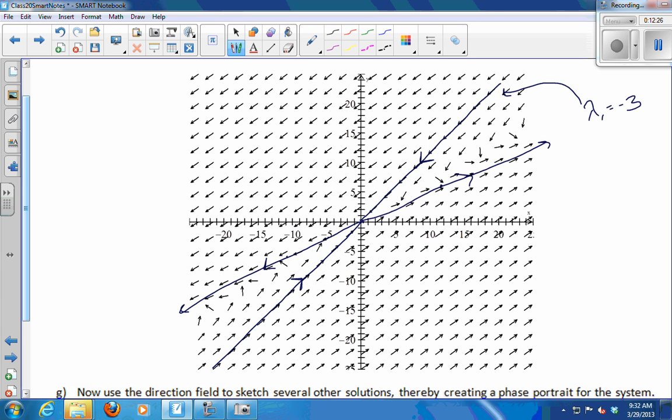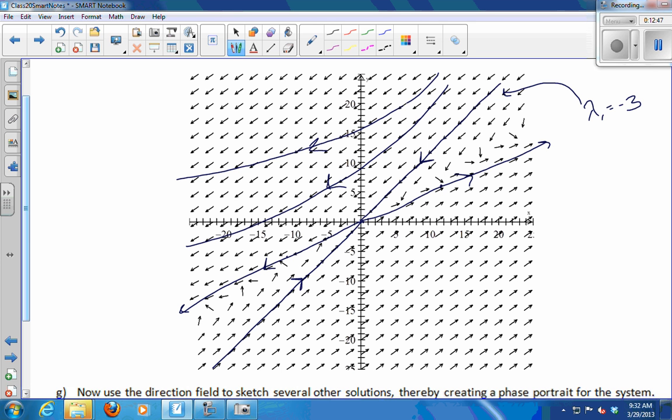So now I want to sketch in several other solutions just following the vector field, and that'll create a phase portrait. So anything over here goes like that, and the arrows are like that.